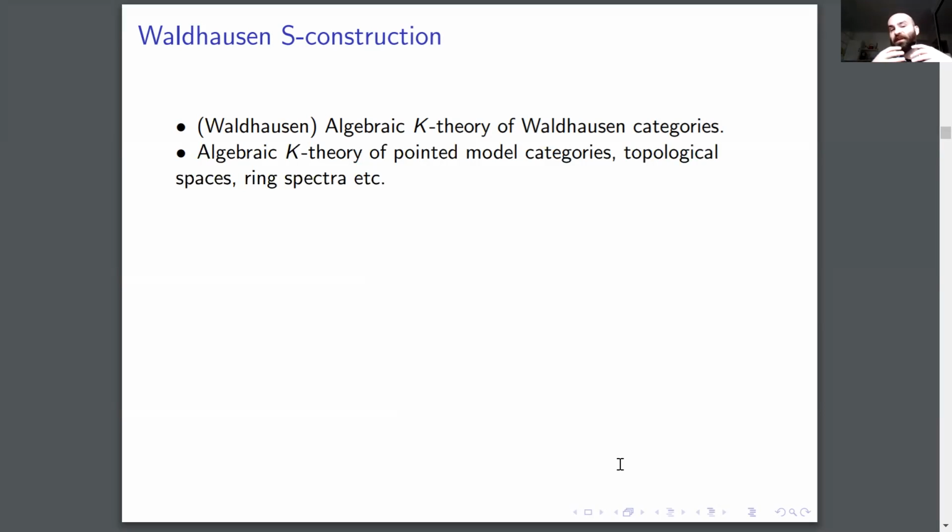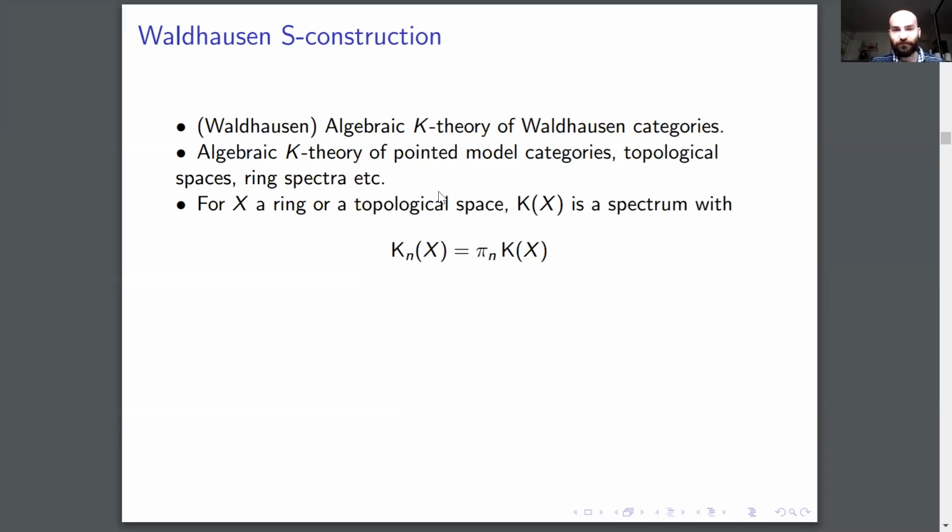For example, if you start with a pointed model category and focus on the cofibrant objects, you get a Waldhausen category. So this allows you to define algebraic K-theory in many settings, in particular of any pointed model category, algebraic K-theory of topological spaces, ring spectra, etc. I'll say a little bit more about ring spectra, give the definition a little later.